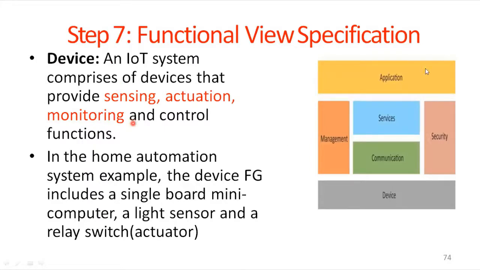In the case of the home automation system, the device functional group includes a single board mini computer, for example a Raspberry Pi, and then a light sensor, which is one type of device, and a relay switch actuator, which is another type of device. These are all the devices used in the home automation system.